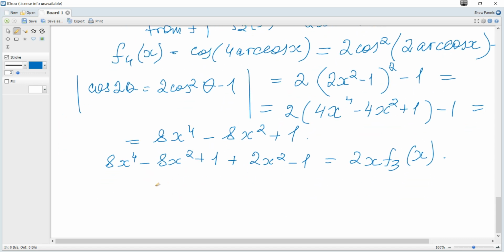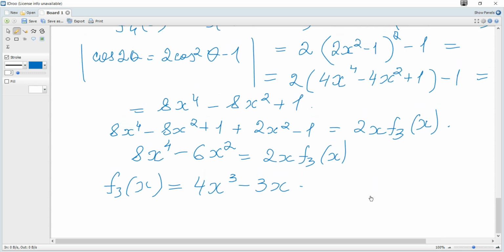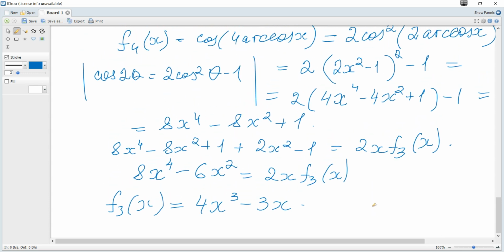And we can see that it becomes 8x to the power of 4 minus 6x squared is 2x f3(x), and finally f3(x), just divide each term by 2x, and we get 4x cubed minus 3x. And that's all for this question.